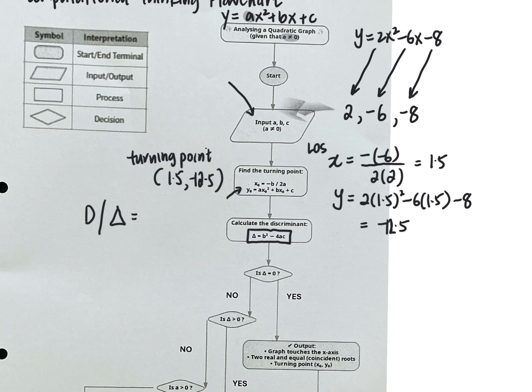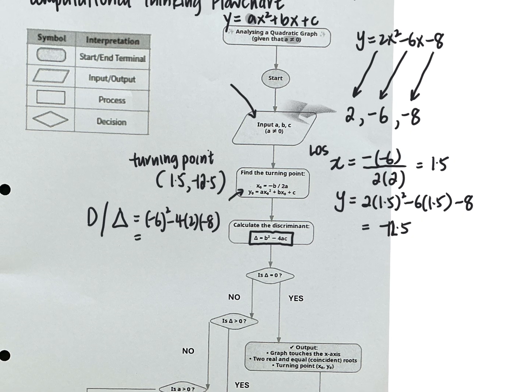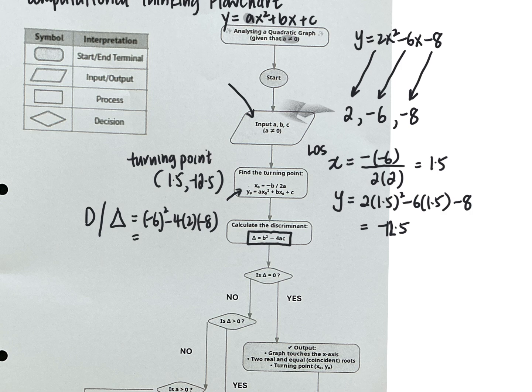We will plug in B squared minus 4AC and then calculate the value. What is it? Calculator. So you get 100.